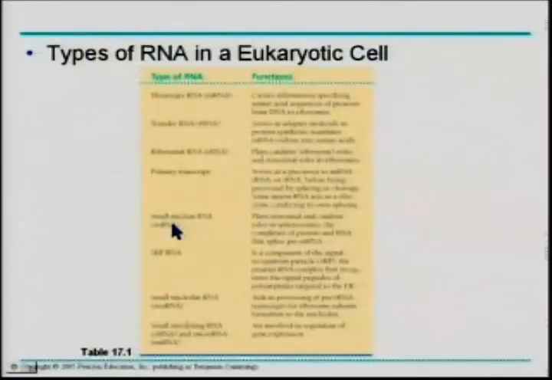Small nuclear RNA, or snRNA, plays structural and catalytic roles in spliceosomes, the complexes of protein and RNA that splice pre-mRNA. And then SRP RNA is a component of the signal recognition particle, the protein RNA complex that recognizes the signal peptide of polypeptides targeted to the ER.